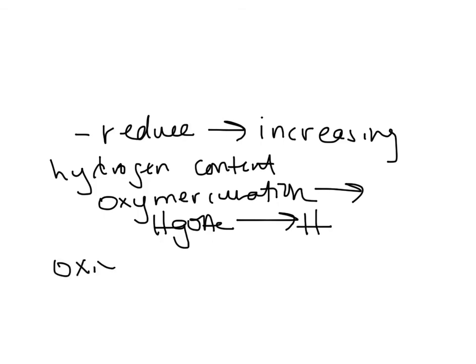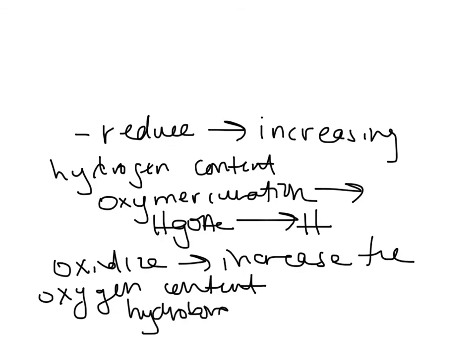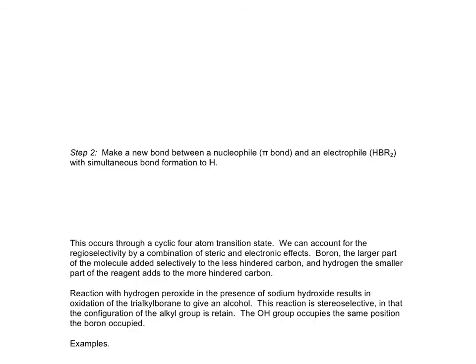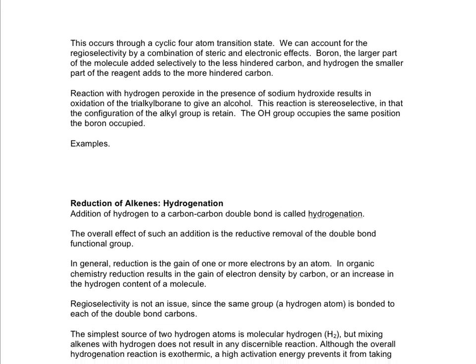When we oxidize, we increase the oxygen content. So here in the hydroboration, we oxidized the boron to OH. I stepped you through this mechanism, so here's just a lot of text.